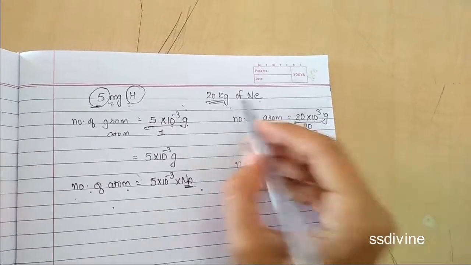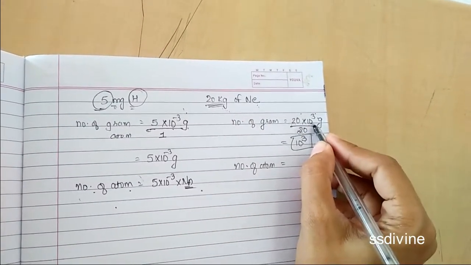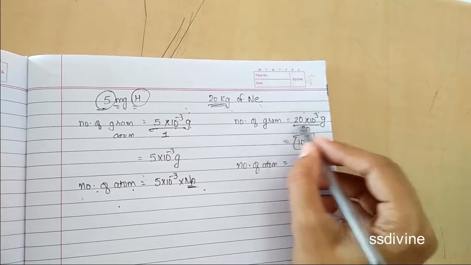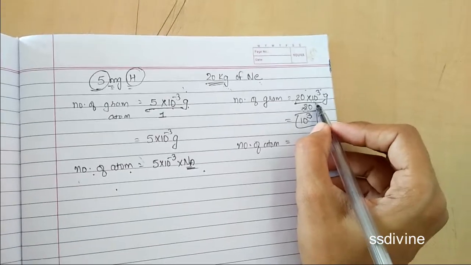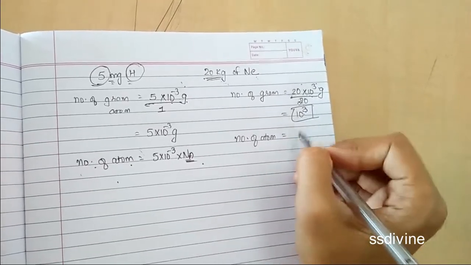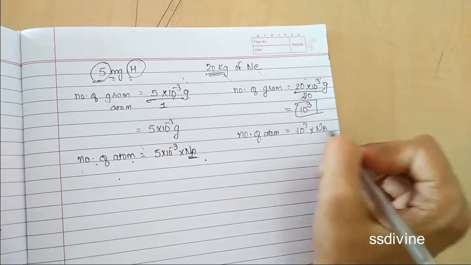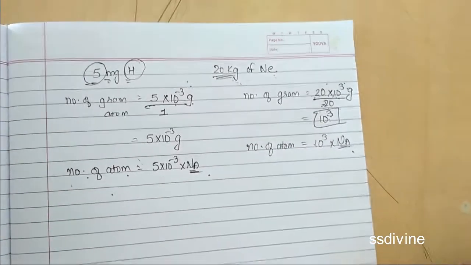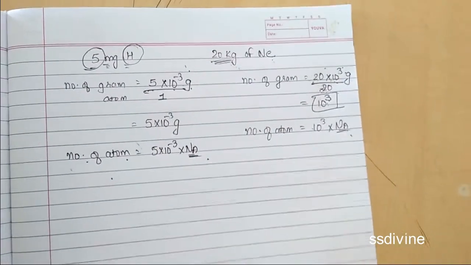What we did is, 20 kg we have converted into 20 into 10 to the power 3 gram, right? And 20 is your molar mass. Number of atoms is 10 to the power 3 into Na. Now substitute the value of Na, that is 6.023 into 10 to the power 23.